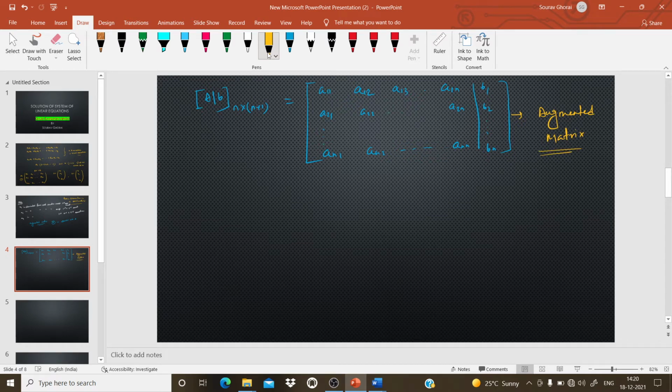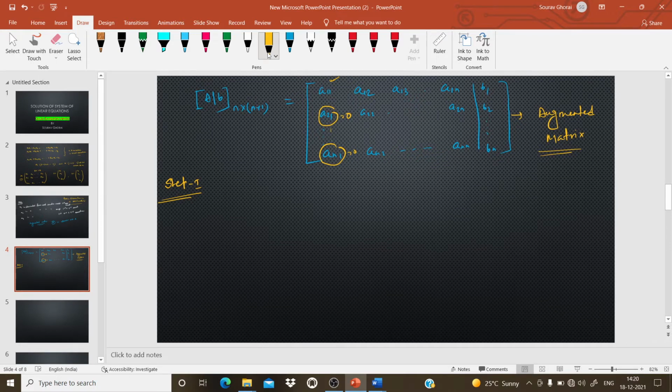So how can I solve it now? In the first step, we are going to make all the terms in the first column except a11 equal to 0 with the help of the first row, assuming that a11 is not equal to 0.